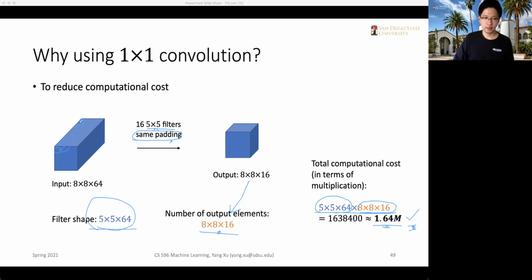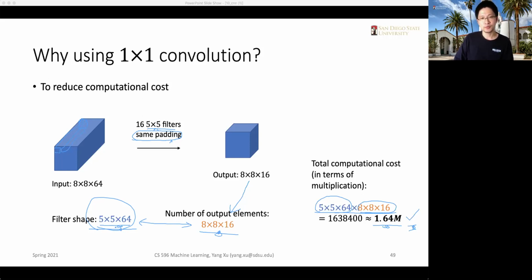Within that region there are 5 times 5 times 64 numbers, and for each number in it we compute one product, right? So the total number of products needed would be these quantities multiplied together. It's a lot of computation needed.